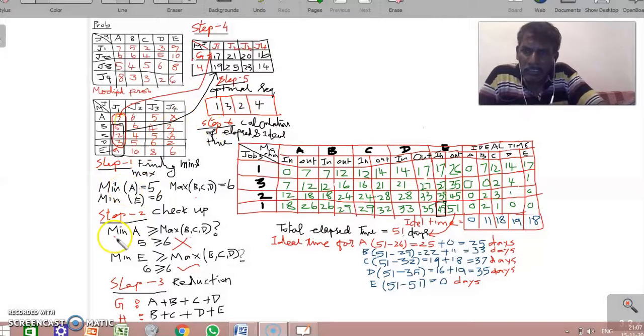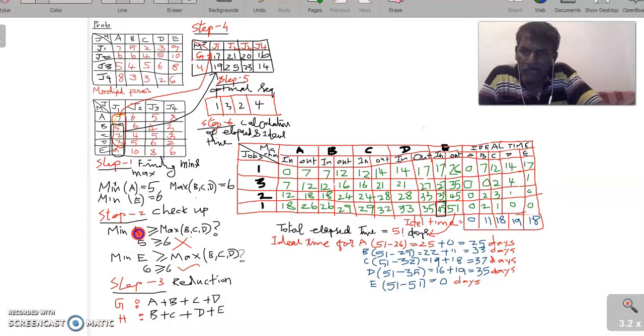Look at this. The minimum of A is greater than or equal to the maximum among B, C, D? The minimum among A is 5 days, whereas the maximum among B, C, D is 6 days. Therefore this is not true.